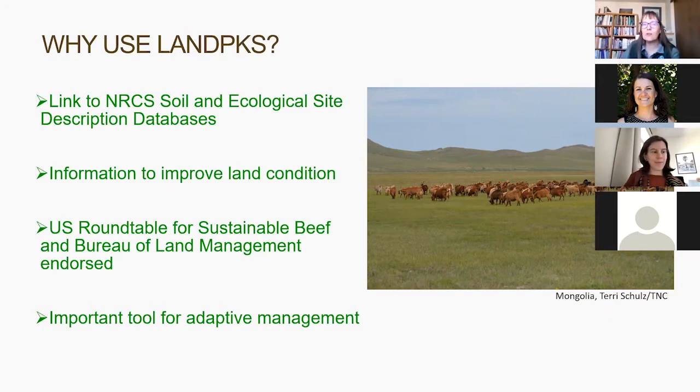Knowing what that potential is for your land can really help you think about where am I today and how might I go about improving land condition. For the United States, the U.S. Roundtable for Sustainable Beef and the Bureau of Land Management have endorsed using LandPKS for their permittees as well as for ranchers within the U.S. And it's an important tool for adaptive management, and we'll go into that in a little bit more detail.